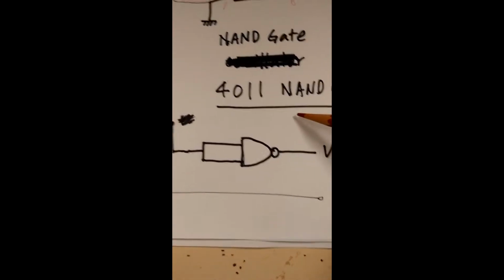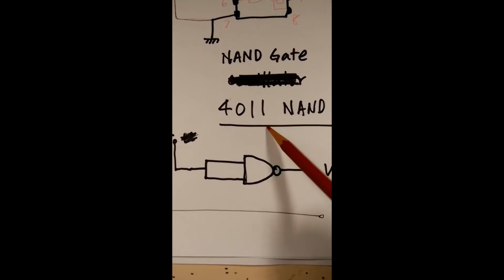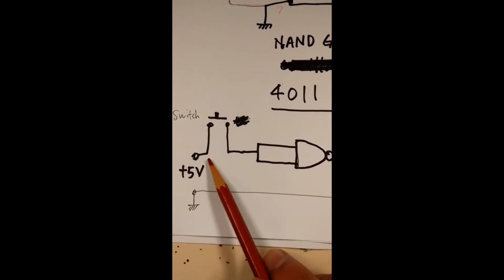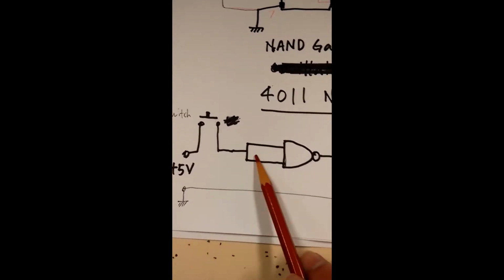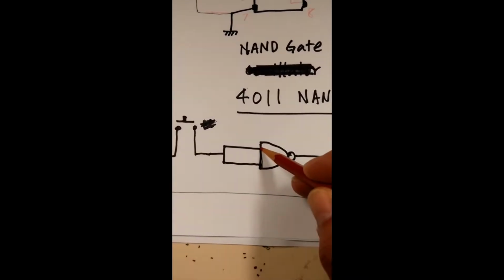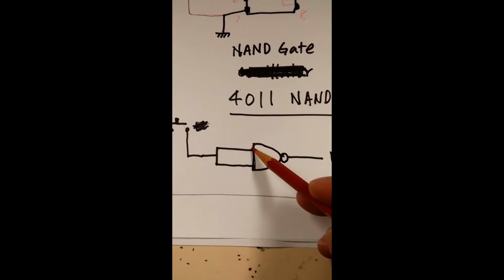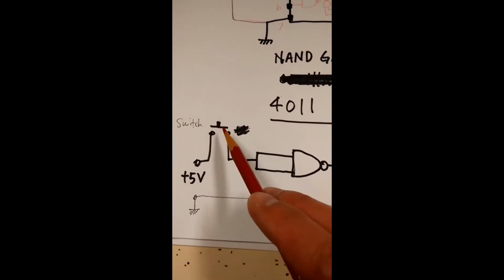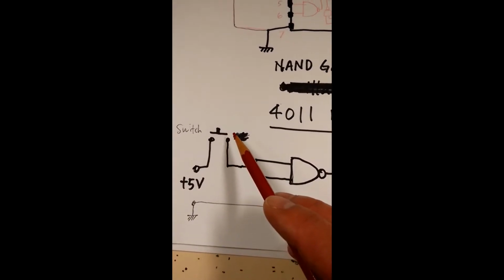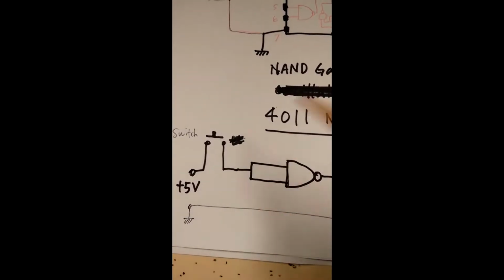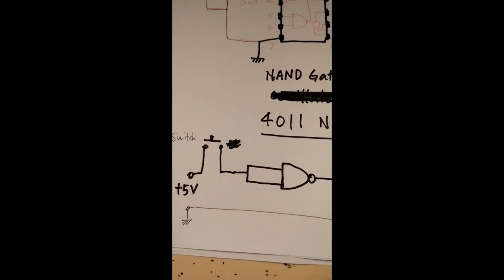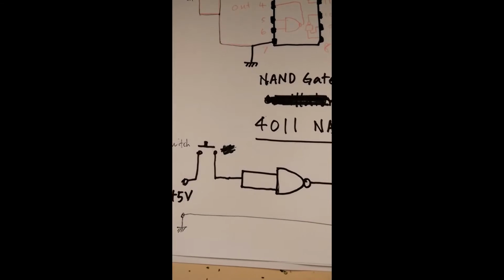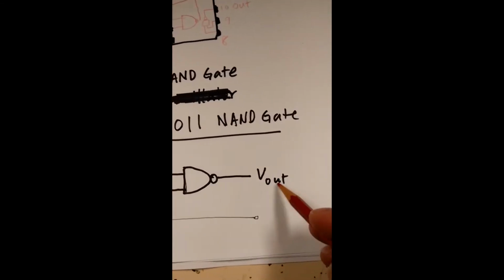The limitation for that NAND gate is that if you use a switch, for example, to turn on the input, 5 volts to A and B, the problem is that you're going to create noise, because when you turn it on mechanically, you're going to have some pulse. This generates noise at the output.